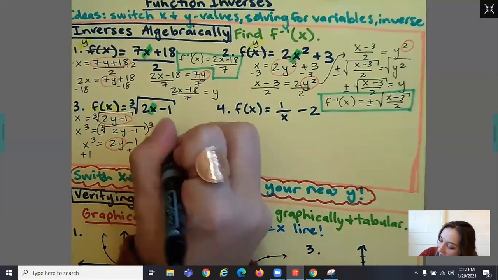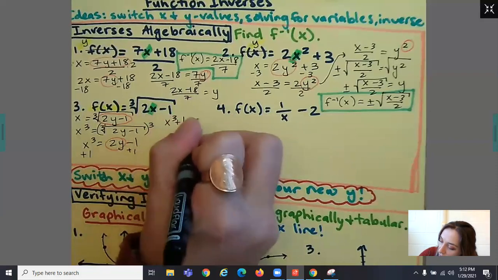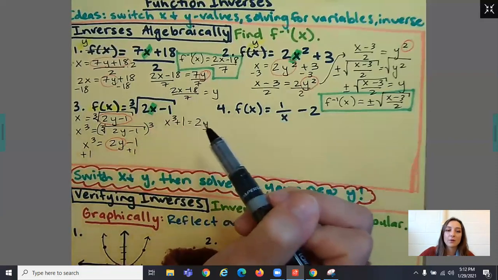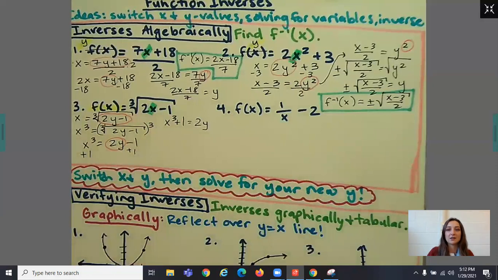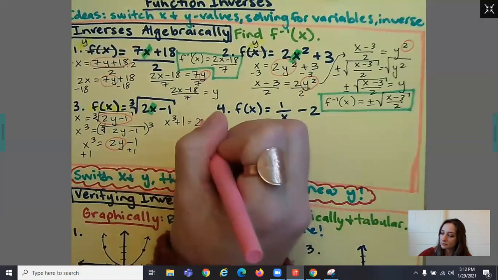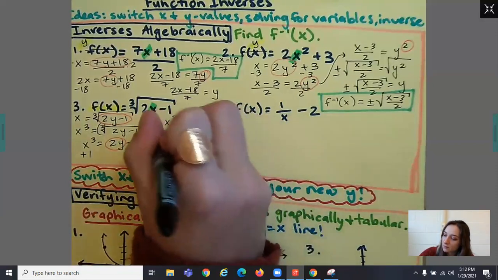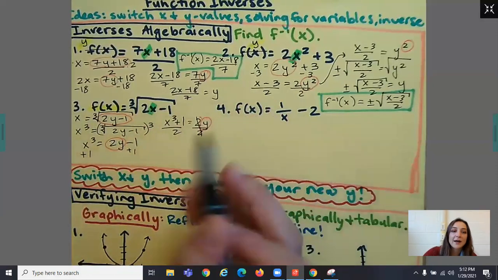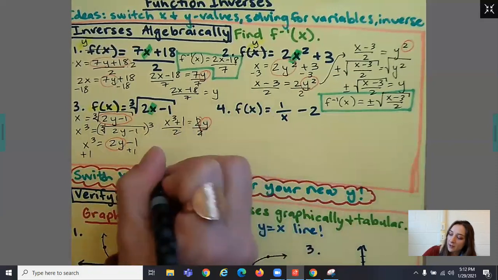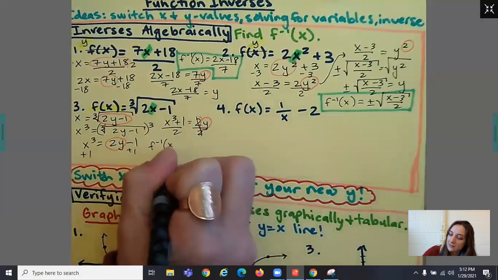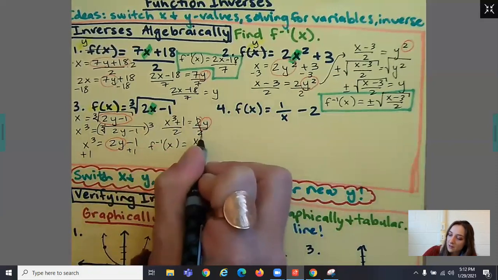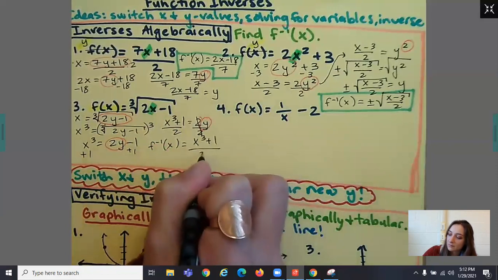So we're going to get x to the third plus 1 equals 2y. And now we can get y by itself by dividing both sides by 2. Okay, so let's divide by 2. All right, and let's just go ahead and jump to our fancy form. f inverse of x equals (x to the third plus 1)/2.